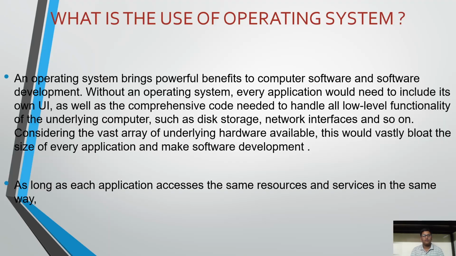What is the use of an operating system? An operating system brings powerful benefits to a computer compared to software developed without an operating system. Every application would need to include its own UI as well as the code needed to handle the low-level functionality of the underlying computer, such as disk storage, network interfaces, and so on.